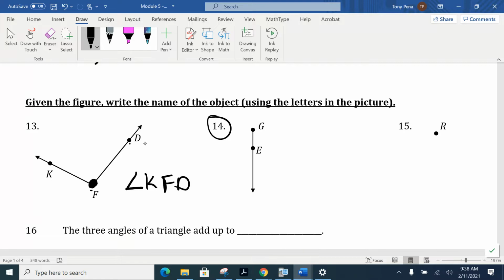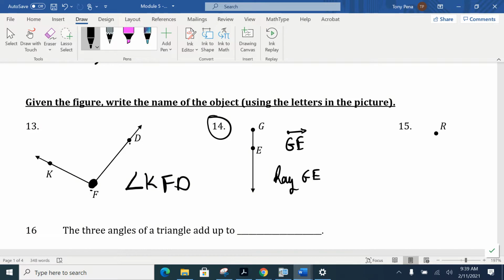So this is what we would call a ray. G is where this starts, and then E is where we continue on through. So you're going to do that. Given that figure, write the name of the object. That's what we have right here. This is ray GE.